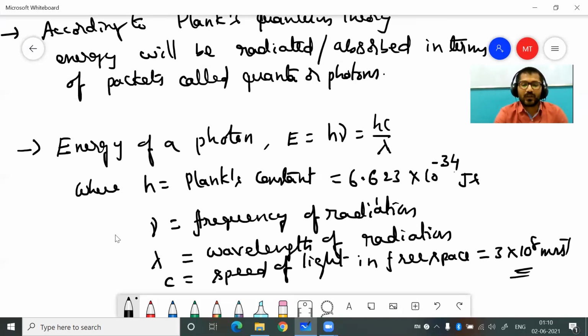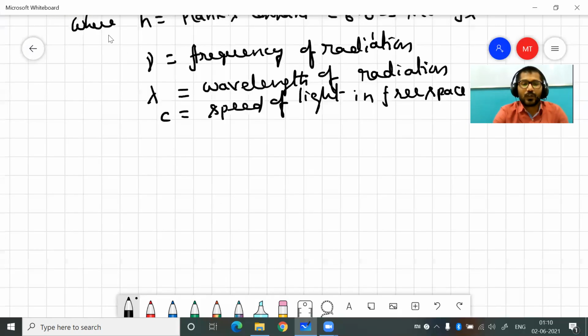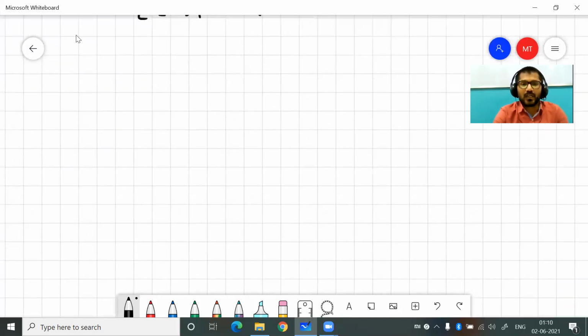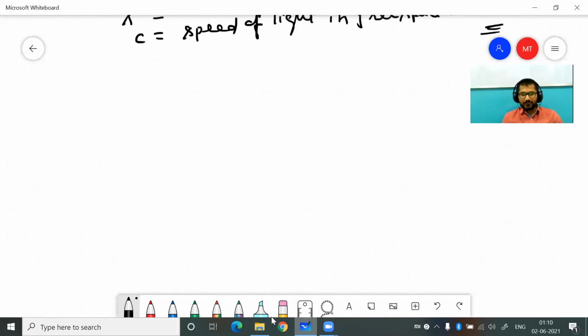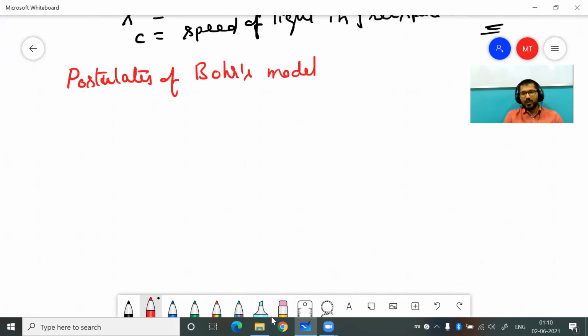Let us write down the next subheading: postulates of Bohr's model of hydrogen atom.